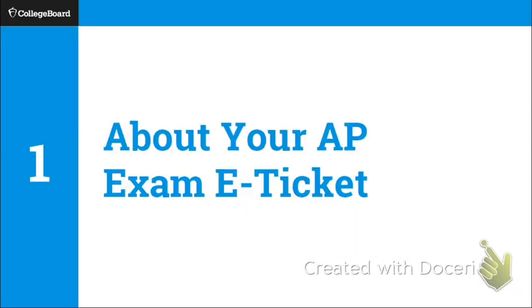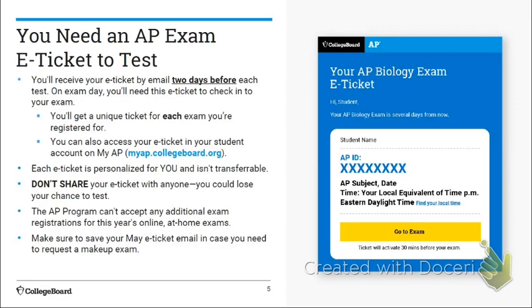So the very first thing, and this is the most important document: 2 days before the test, so for us, AP Chem, that's May 14th. So on May 12th, by the end of the day at some point, you should receive an email from College Board that will have your e-ticket for the AP Chem exam.